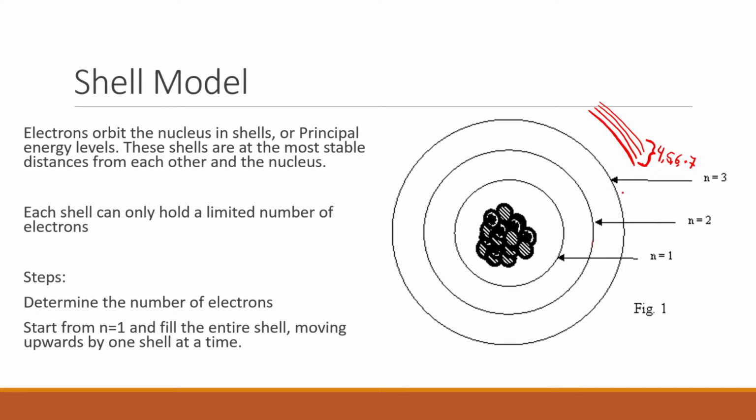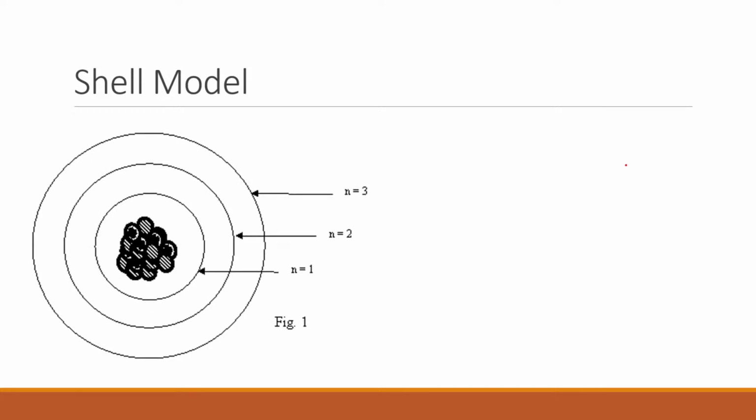Now, let's talk a little bit about these specific numbers of electrons. Right. We've got shells 1, 2, and 3. Let's put 4, 5, 6, and 7 all back here.